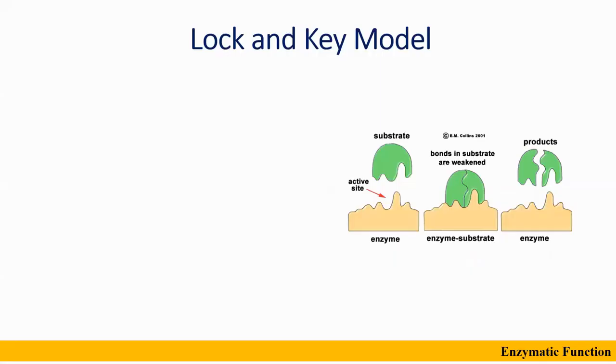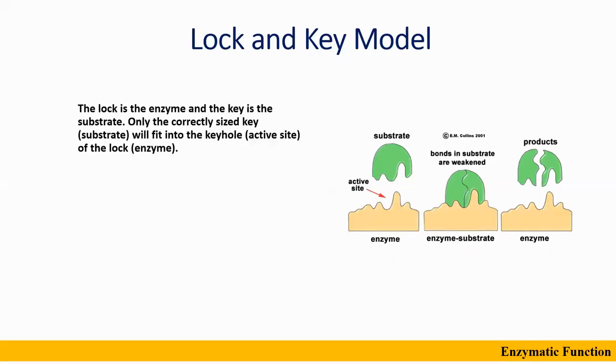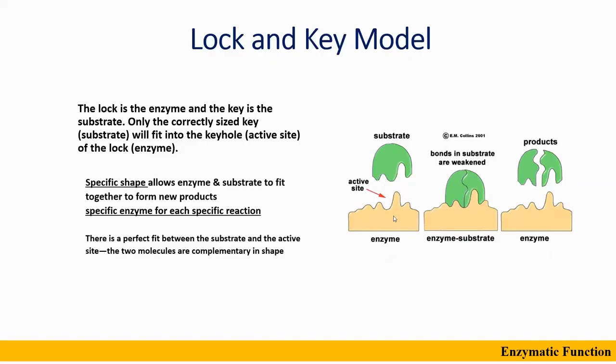One of the models underlying enzyme reaction with substrate is the lock and key model. The lock is the enzyme and the key is the substrate. Only the correctly sized key will be able to fit into the active site of the enzyme.